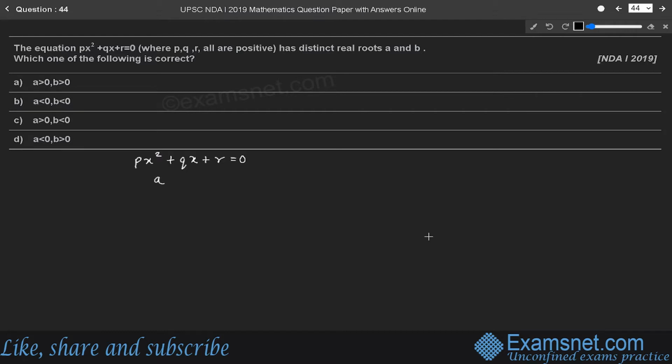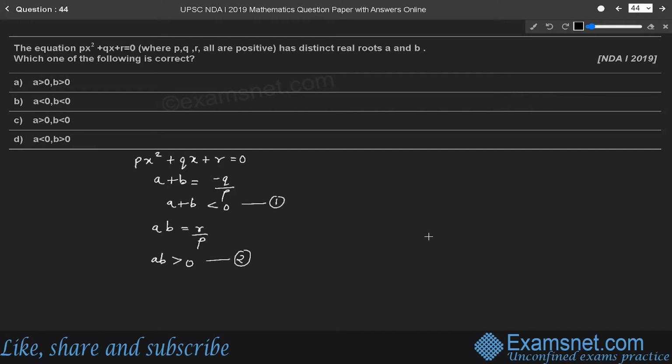Therefore, the sum of roots will be equal to minus q upon p, and it means that a plus b will be less than 0 because it is a negative sign. Let this be equation number 1. Similarly, the product of roots will be equal to r upon p. So we can say that ab will be greater than 0 as its value will be positive. Let this be equation number 2.